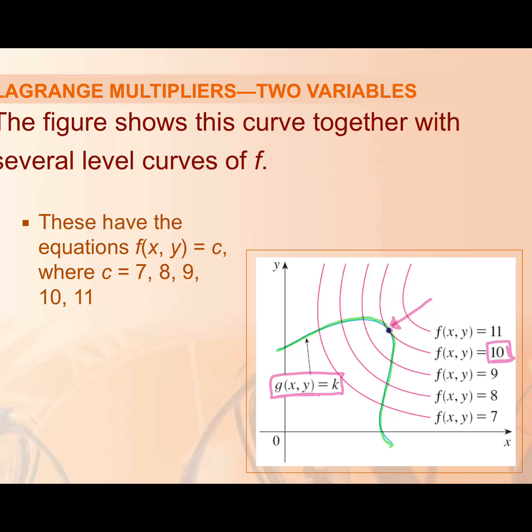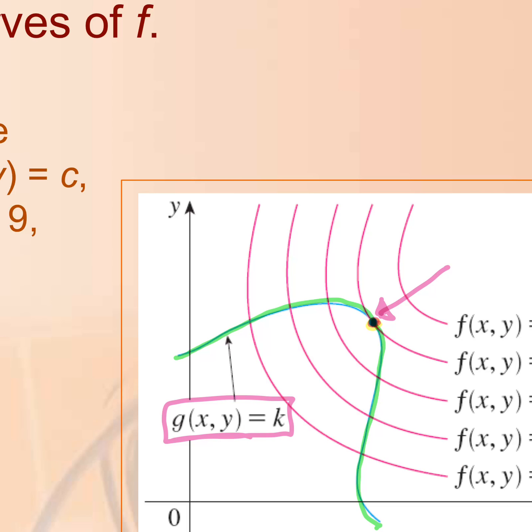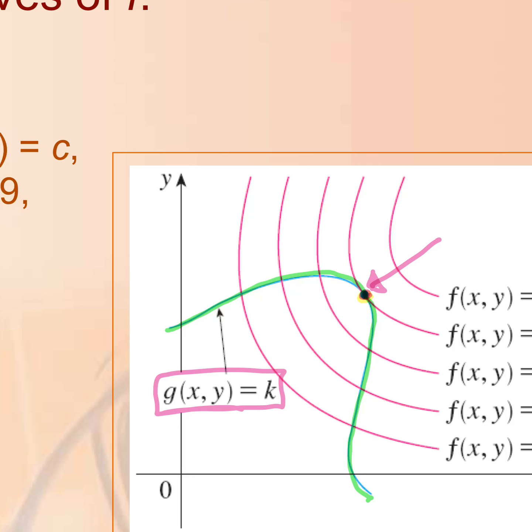So it looks like our answer for the max in terms of extreme would be 10. Now, one thing to notice, and it's not just coincidence, is that at this point where we maximize the function subject to the constraint, the tangent lines are parallel.